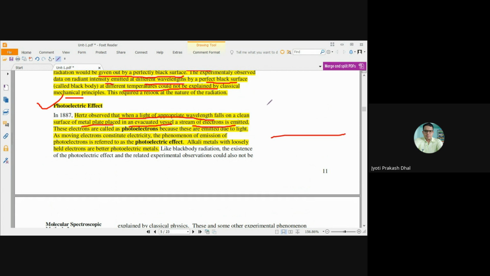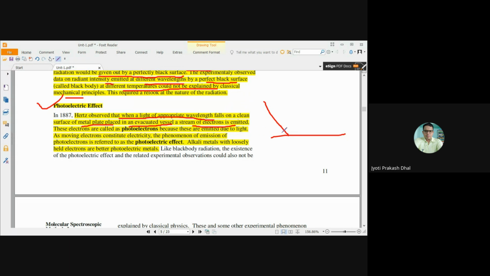When light of appropriate wavelength falls on the metal surface, if the energy of the light falling on the metal surface is greater than or equal to the binding energy of the electron, then the electron will be ejected from the surface.